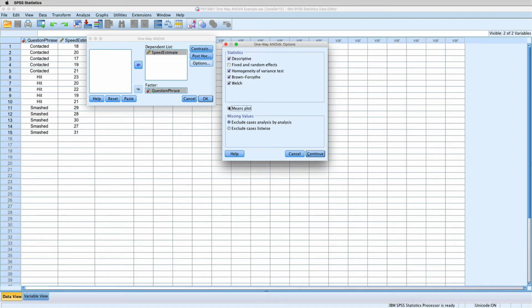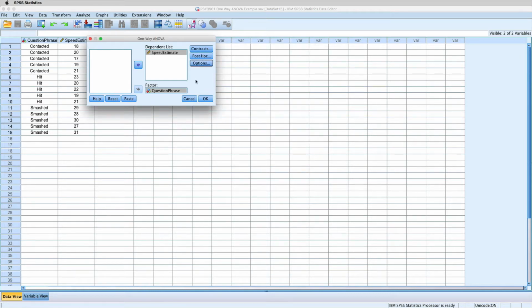Finally, we can also ask for a line plot of the means to help us visually view any pattern of results in mean differences between the three groups. So we'll click that as well, and then click continue. Once we have that all specified in both our post hoc and options, we can click OK to run this analysis.